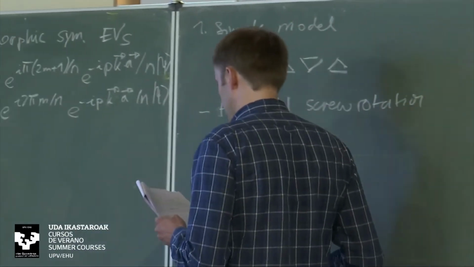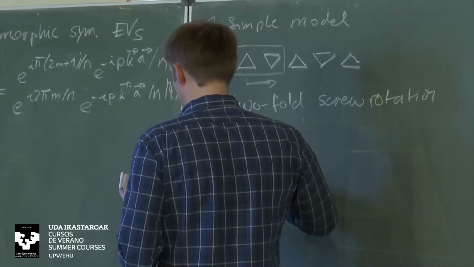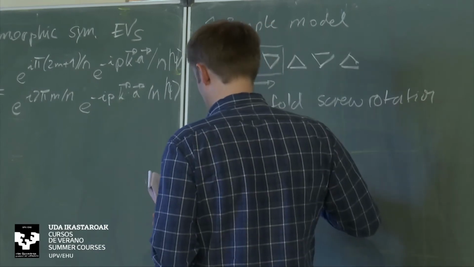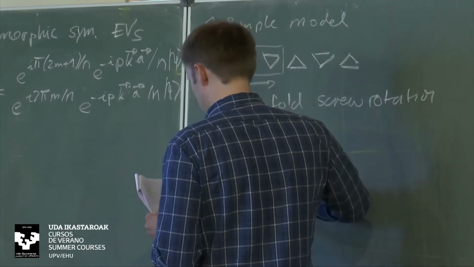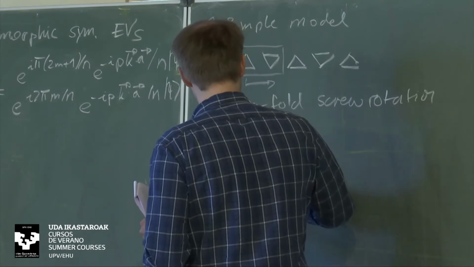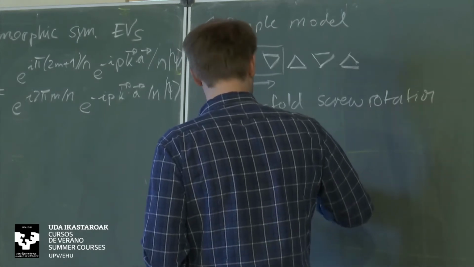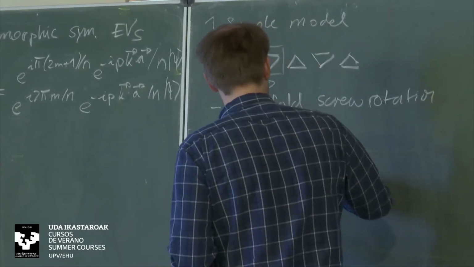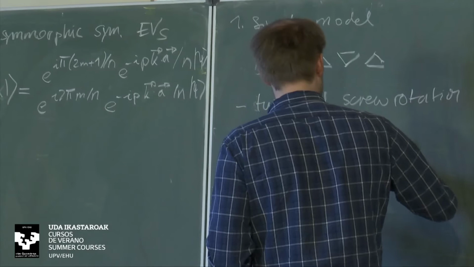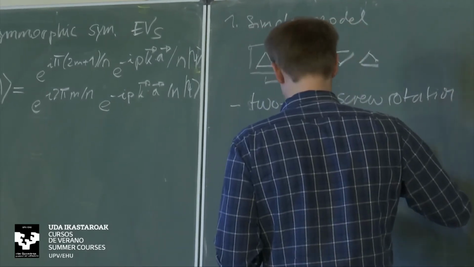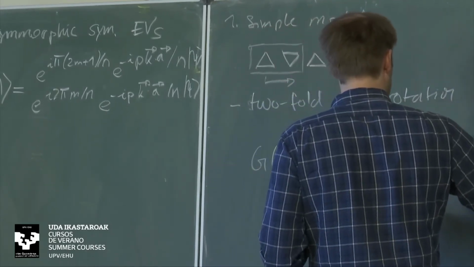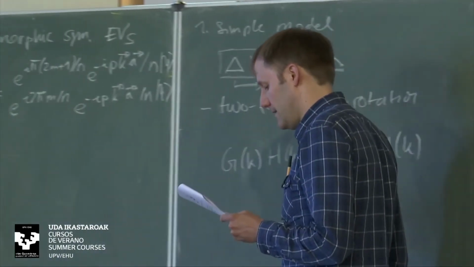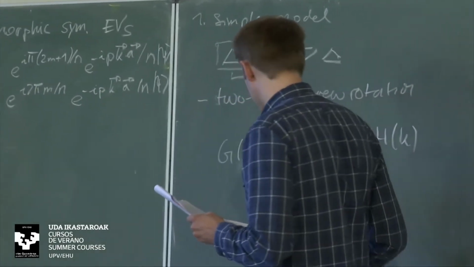And so this type of symmetry is then generically implemented like this on the Hamiltonian. So we have this condition: the symmetry operator G of k times the Hamiltonian times G inverse has to be equal to H of k, where k is restricted here to this invariant rotation axis.